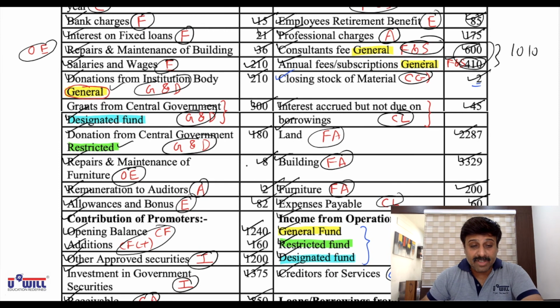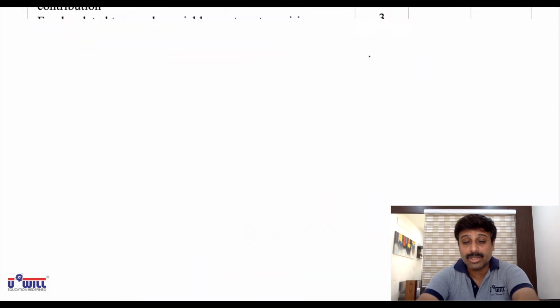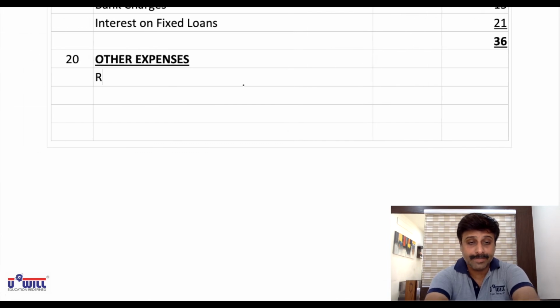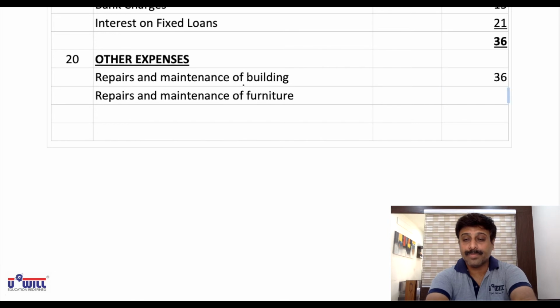Building 36 and furniture's repairs 2. Total will come to 38.